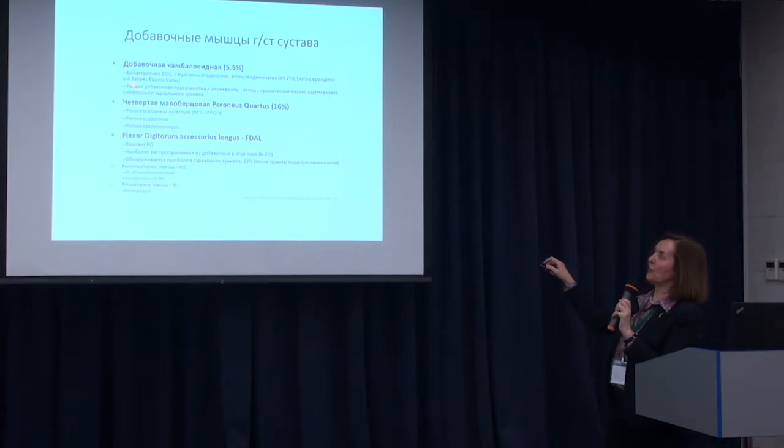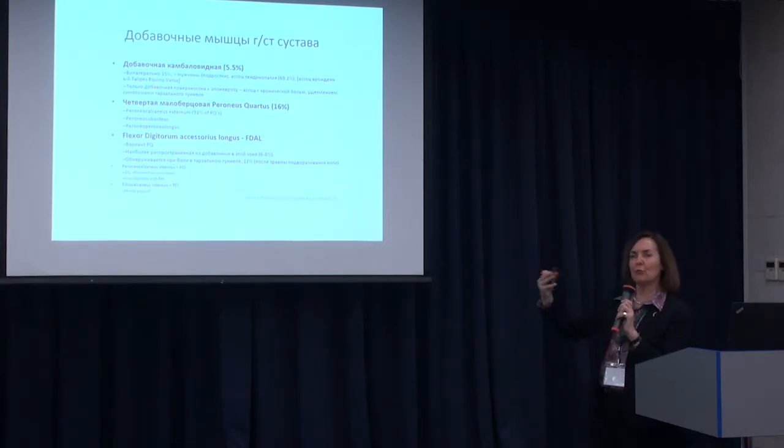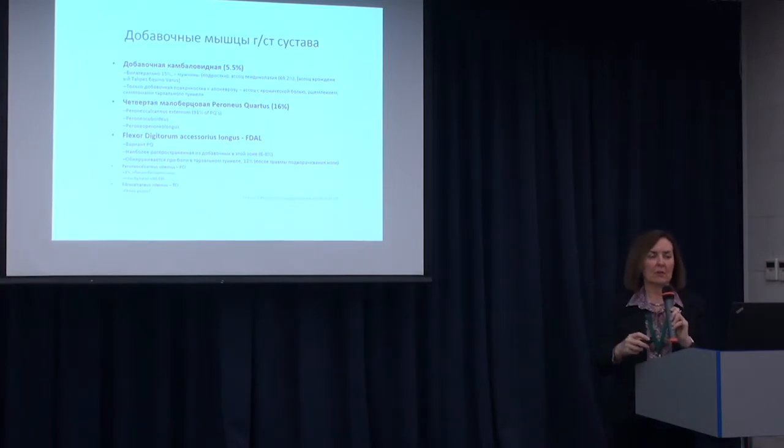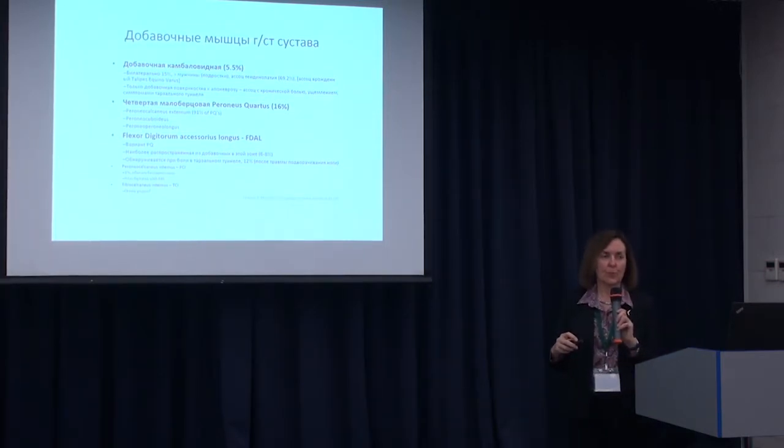So it's an anatomical variant that seems to be an aggravator. What's important about the accessory soleus is that it's the only one superficial to the aponeurosis.